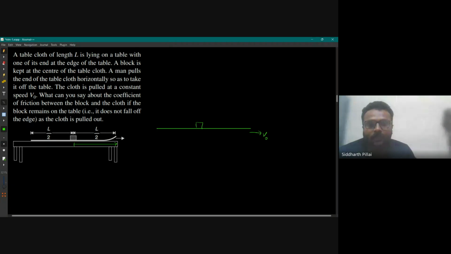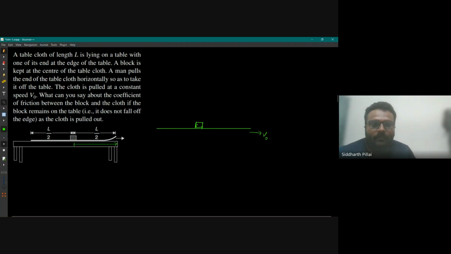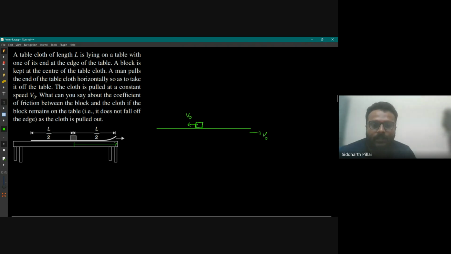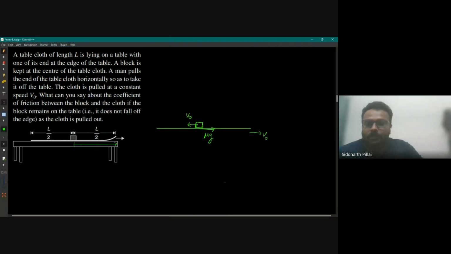So in the reference frame of the cloth, we give a velocity to the block, which is V naught, initial velocity. But because of the cloth, it has an acceleration in the opposite direction, equal to mu into g, because that's the maximum acceleration.